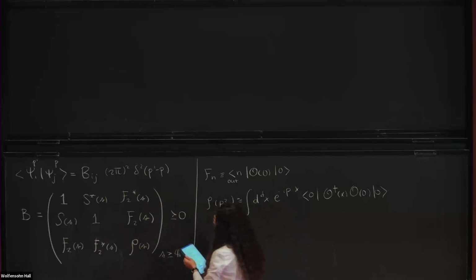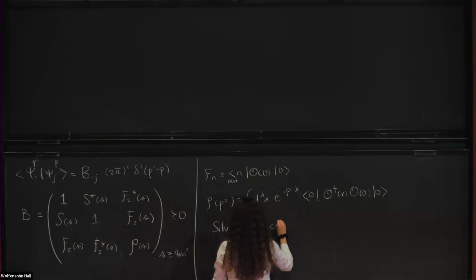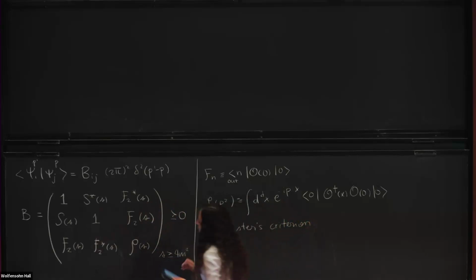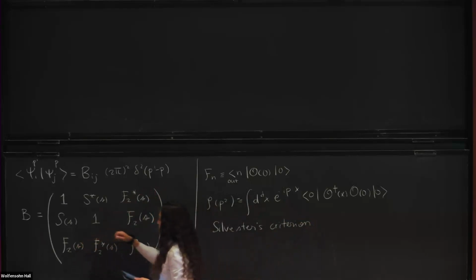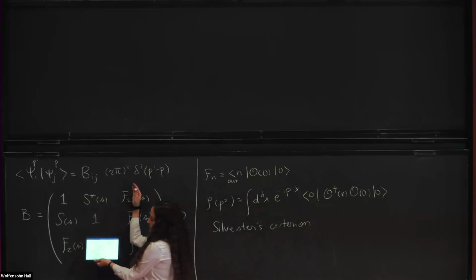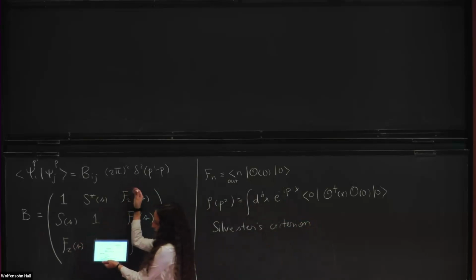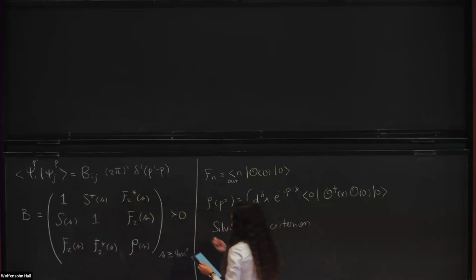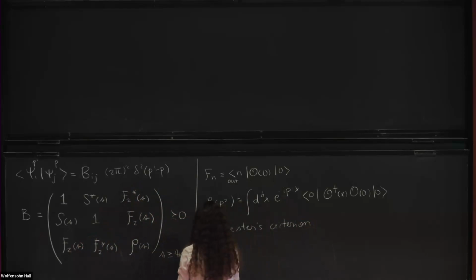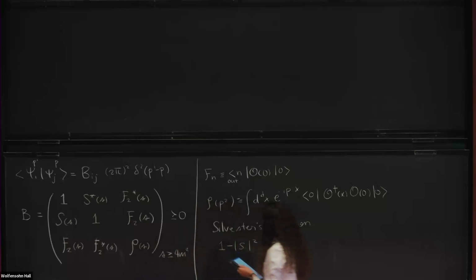This is called Sylvester's criterion. So basically you eliminate rows and columns. You see for the first one, you have just the S matrix, and the determinant gives you precisely our usual unitarity condition.